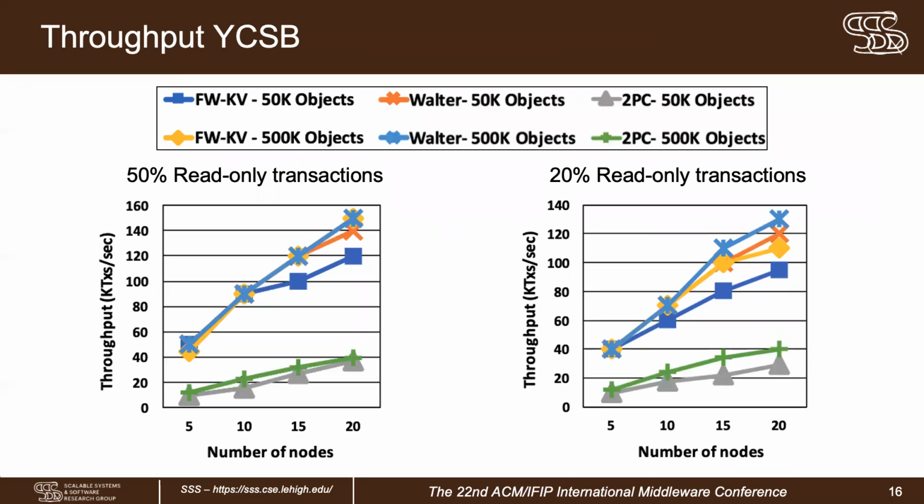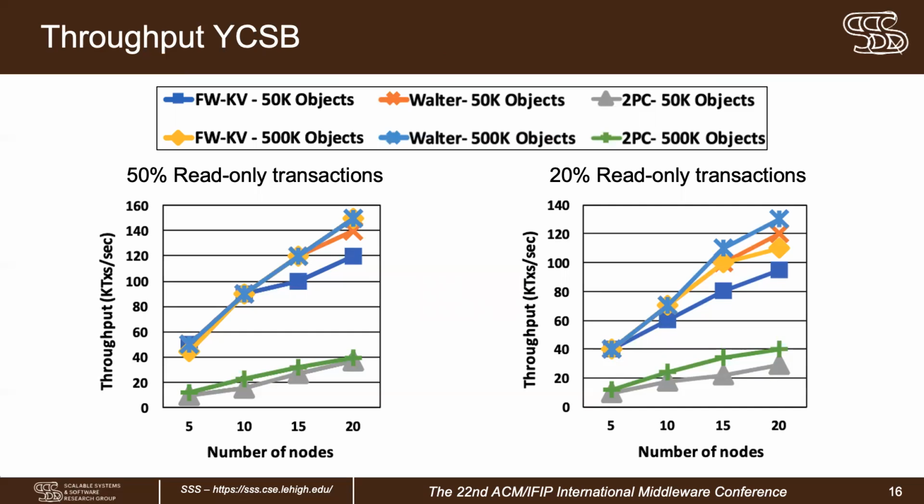This shows the throughput results of the YCSB benchmark when we compared FWKV with Walter and the two-phase commit baseline. We use 5, 10, 15, 20 nodes. More nodes here means more contention.